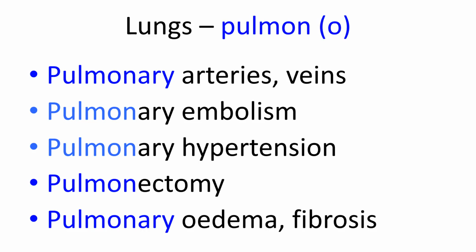Now, a pulmonary embolism is something which would travel through the pulmonary arterial system in the circulation. That's not supposed to be there and could well block off parts of the pulmonary arterial blood supply.